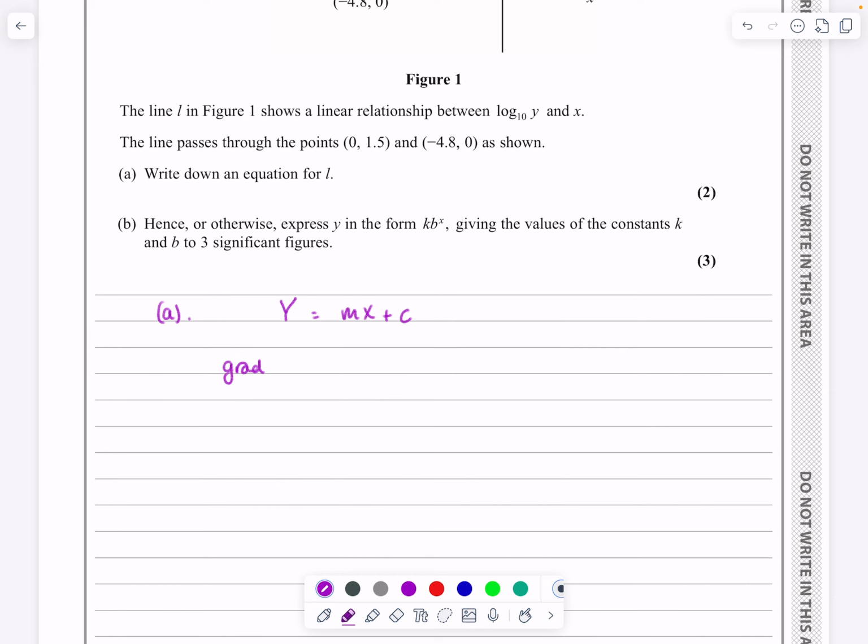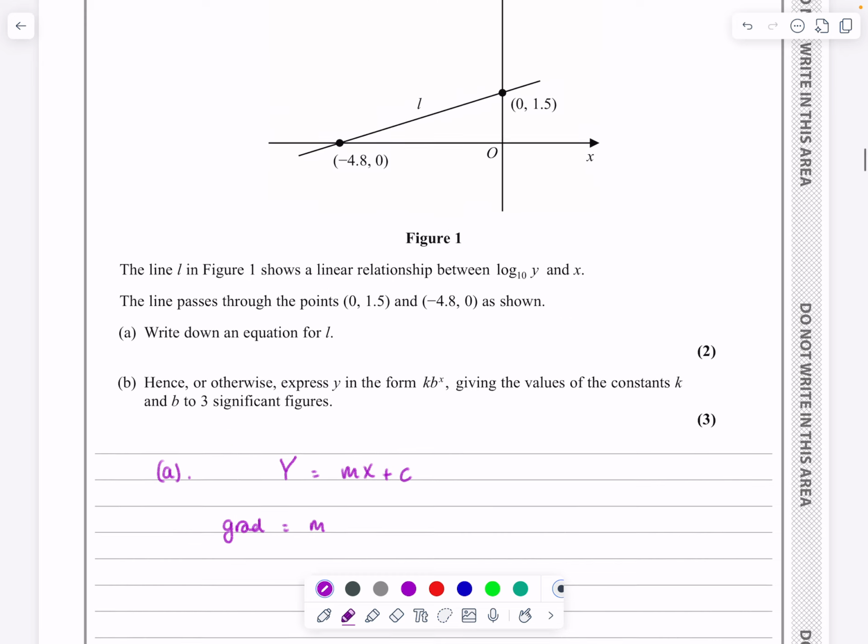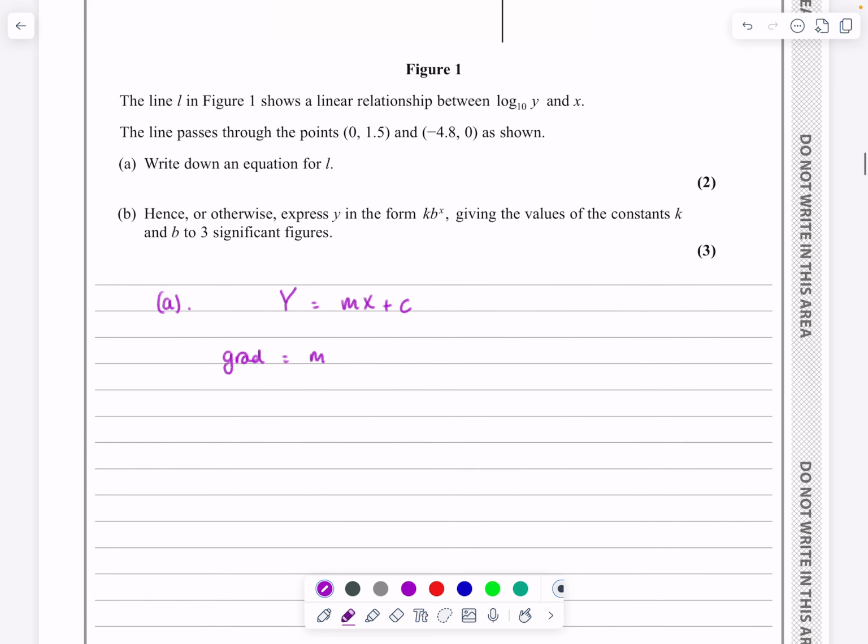So the gradient, which is equal to m, if we've got those 2 points there, is y2 minus y1 over x2 minus x1. So that's going to work out to be 1.5 minus 0 all over 0 minus 4.8. In fact, I can write minus 4.8 there if you want.